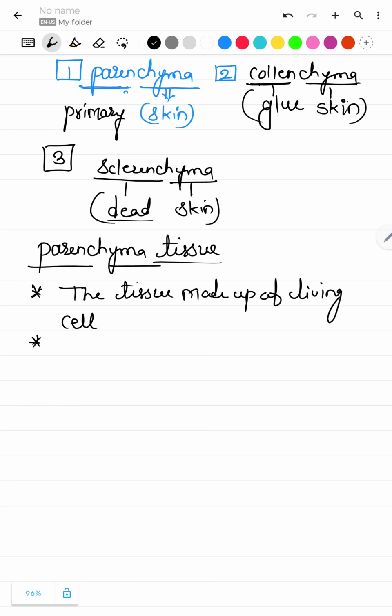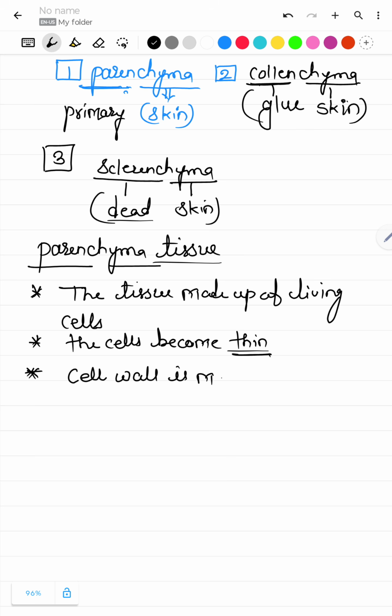Second character, the cell wall becomes thin. The cell wall is made up of cellulose.